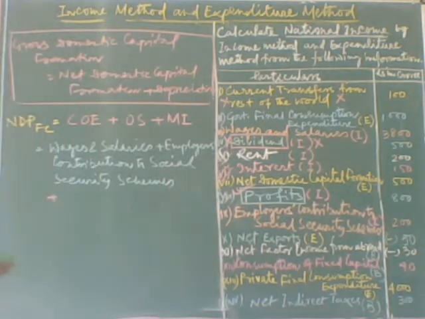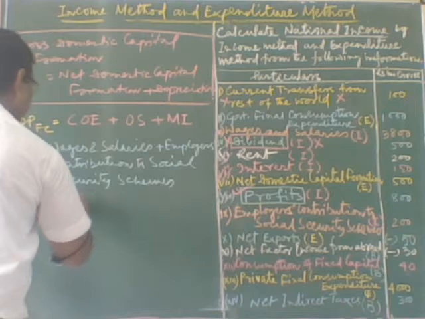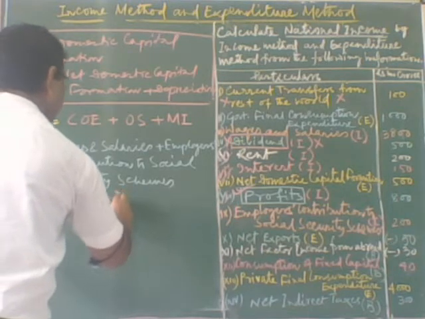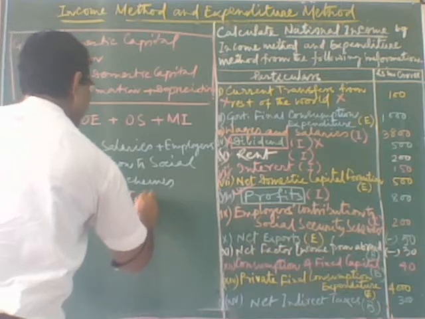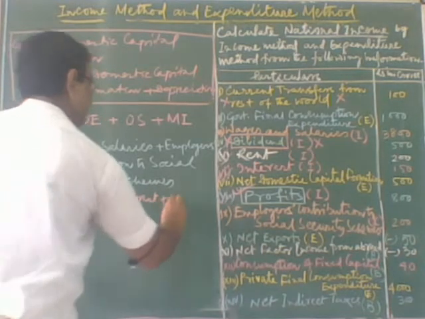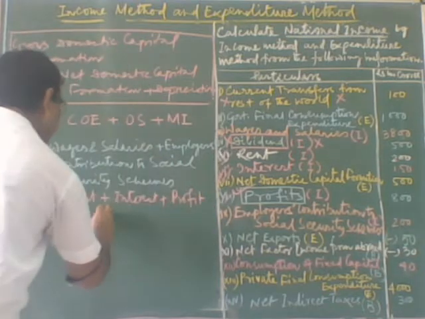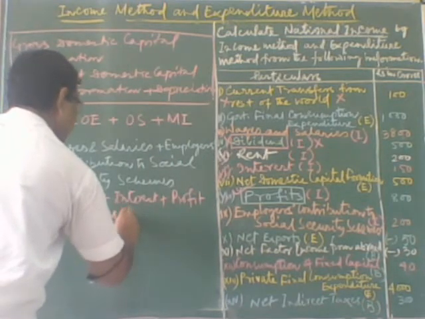Here dividend will not be considered because the dividend is a part of profit. So operating surplus here is rent plus interest plus profits, plus mixed income, MI.